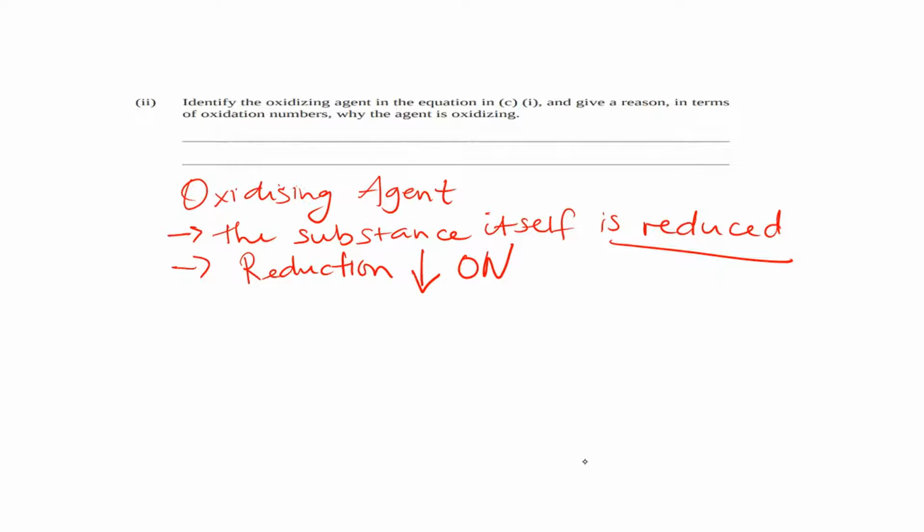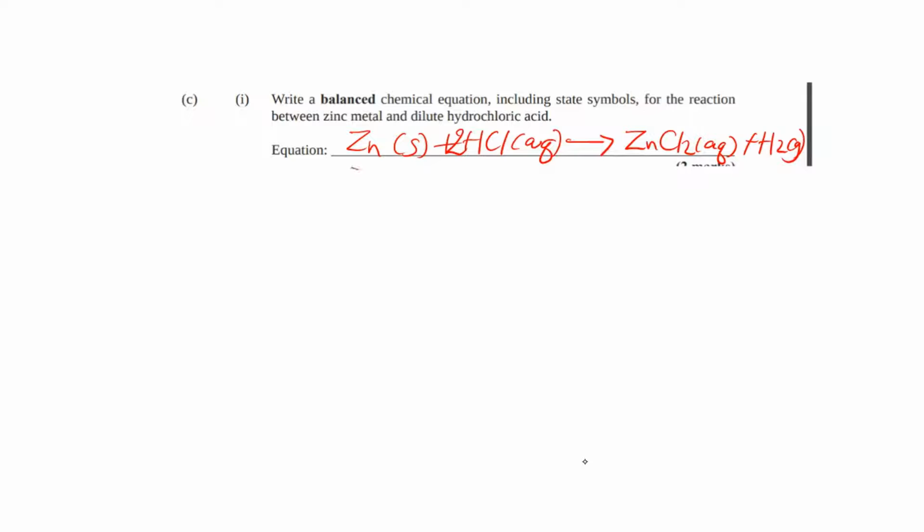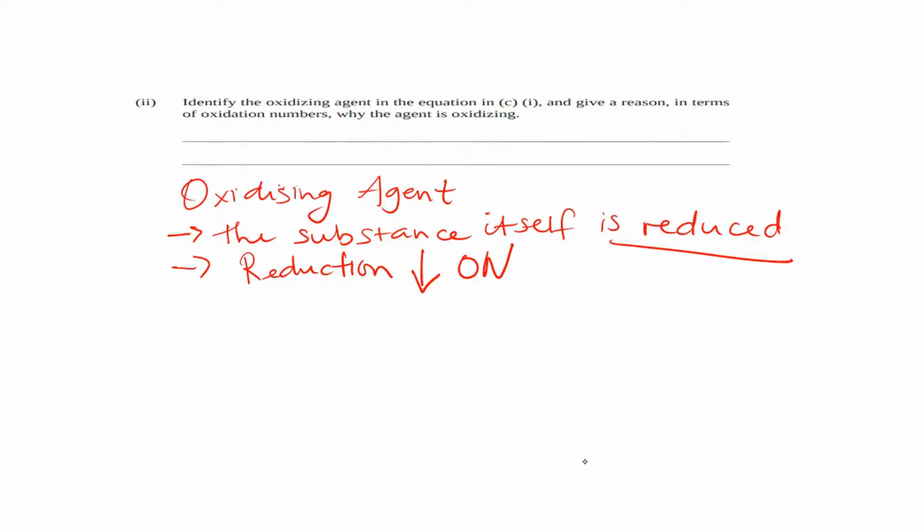So let's look at the zinc in the reactant side of the equation and the zinc chloride. So zinc, what's the oxidation number of zinc? Any element when it's in its free state or in its uncombined state, the oxidation number is 0. That's all we have there. How about zinc chloride? Well, we can calculate that. Let's say X represents zinc plus the oxidation number of chlorine is -1.